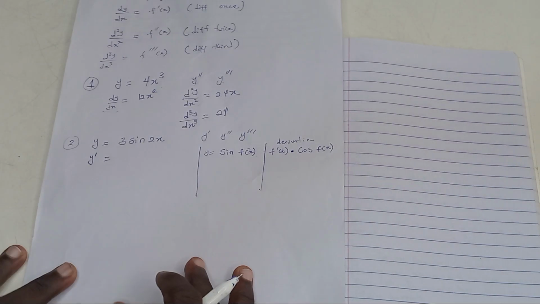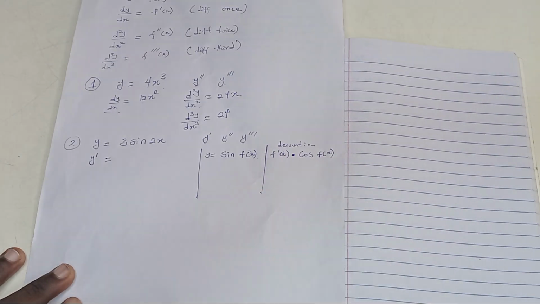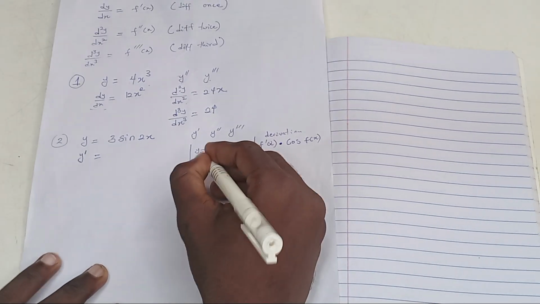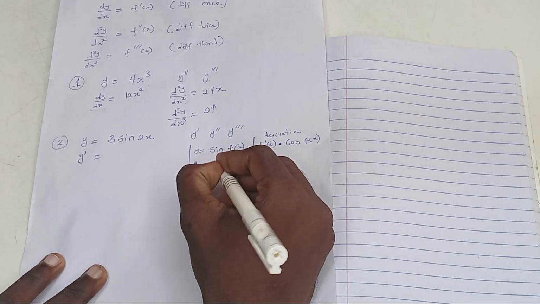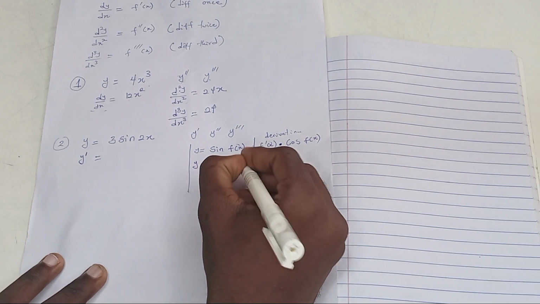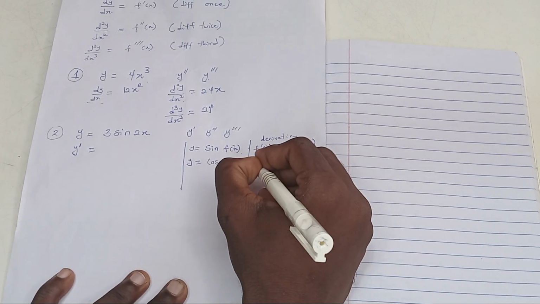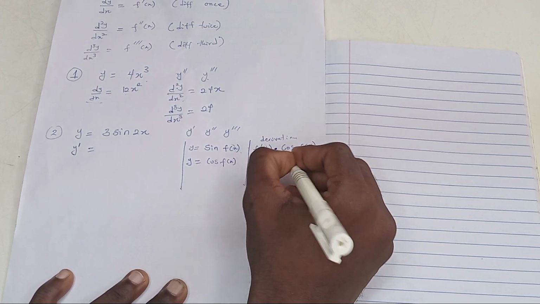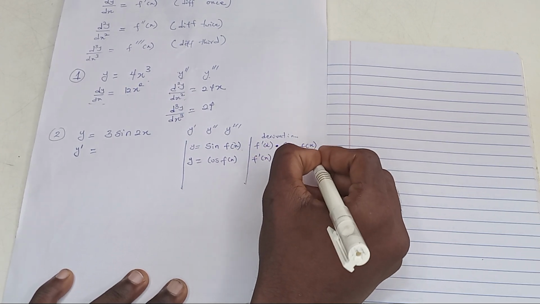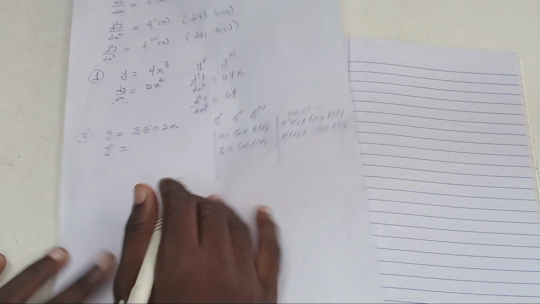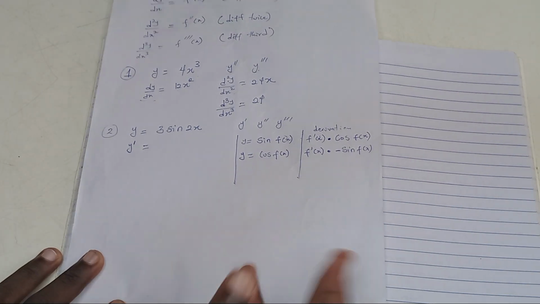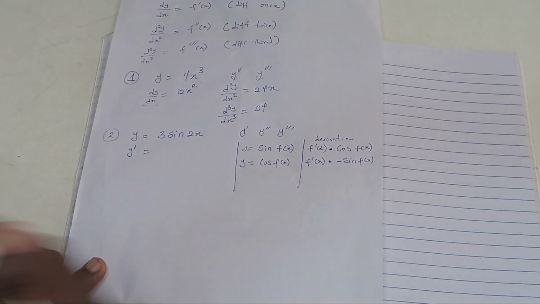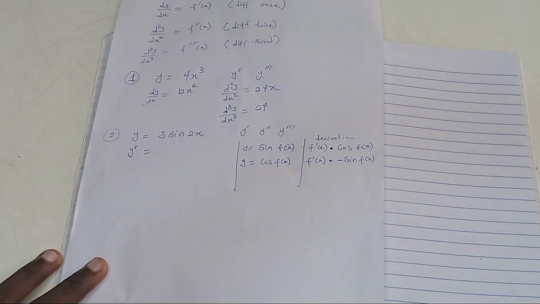Can you see that? That's the derivative of sine of any function of x. If you have cos of a function of x, you get f prime x multiplied by minus sine of the function of x.